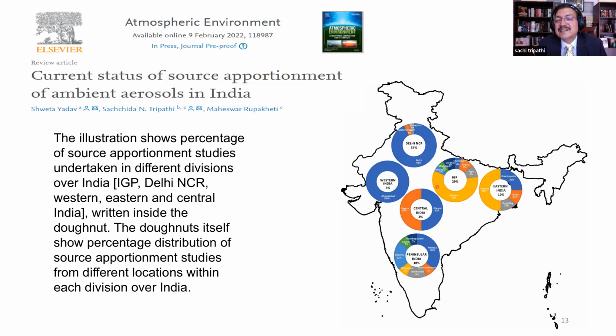If you make this outer circle 100%, this tells you, out of 100, the percentage done for different cities or different parts of IGP. So you see 1/10 is done over Agra. There is a relatively large number done over Kanpur, and then there are some studies done over different parts of the Indo-Gangetic Plain. Okay.